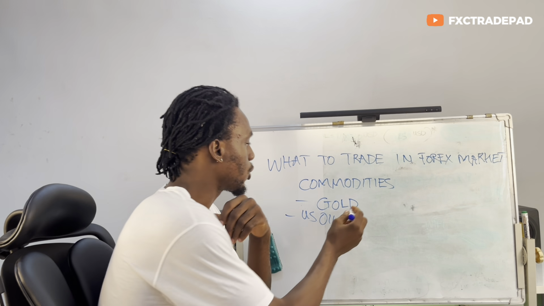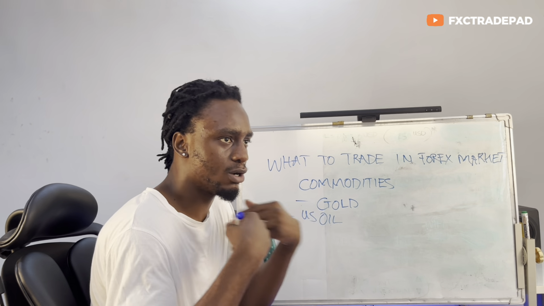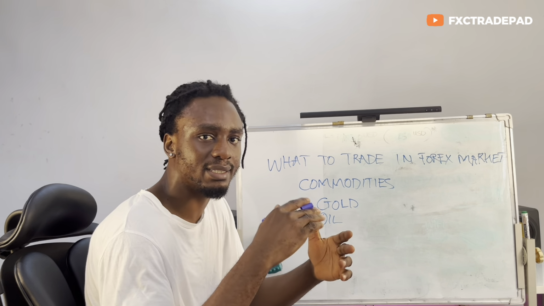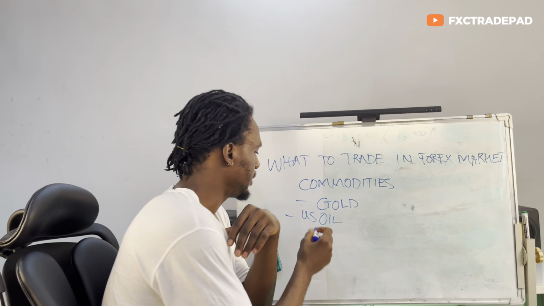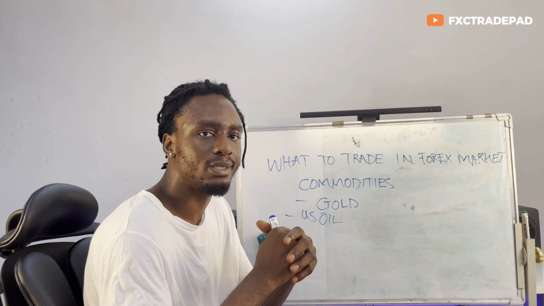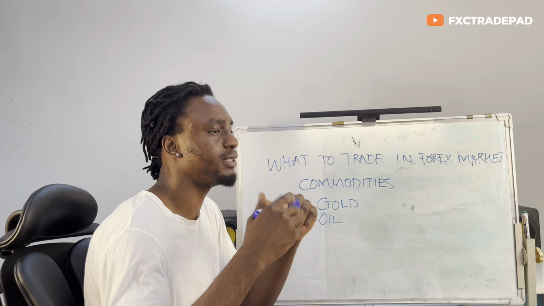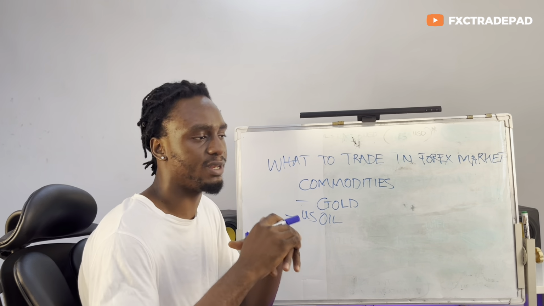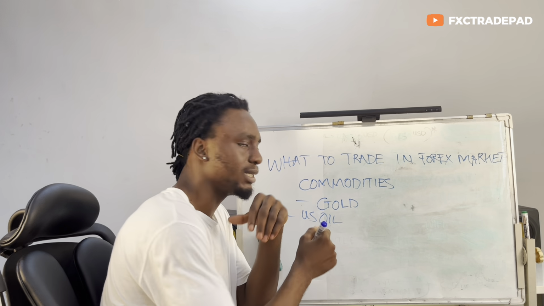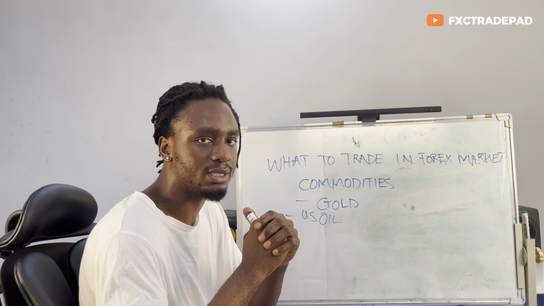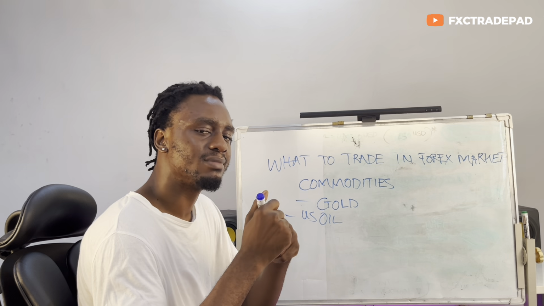So gold, which is the normal gold you will wear, but the price, that's what you are trading. And then US oil is like crude oil. The price of crude oil per barrel is going up and down, it's always moving, and that's what we have as commodity.